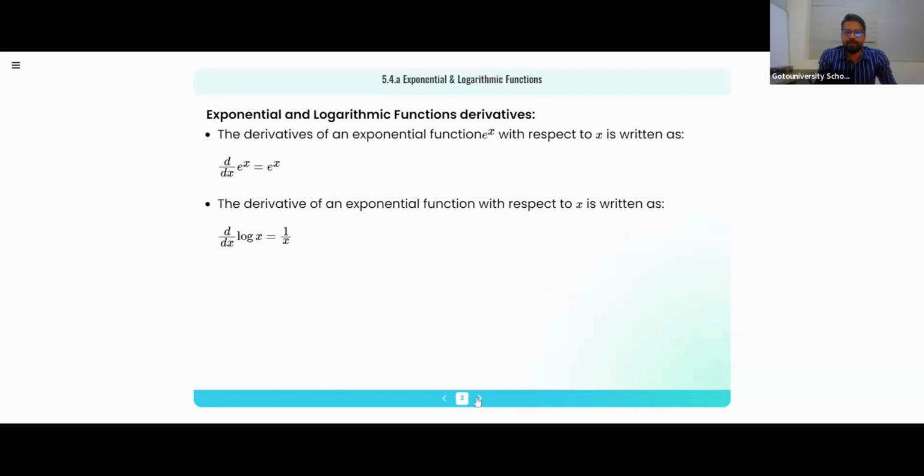Can you recall what a logarithm is and how we are using it? Here is a quick recap of logarithmic functions, with a simple connection. If I have a number a power x equal to b, I can apply logarithm.